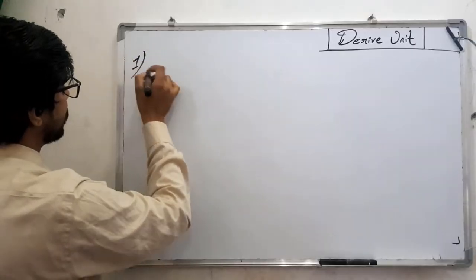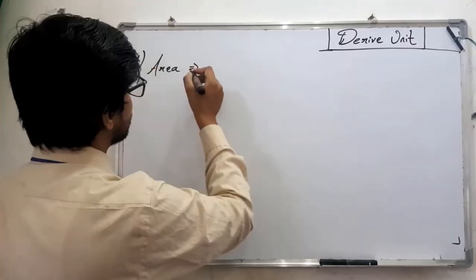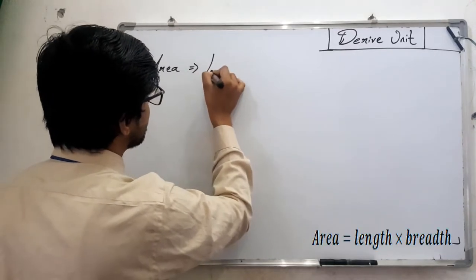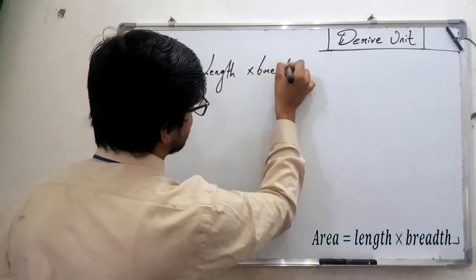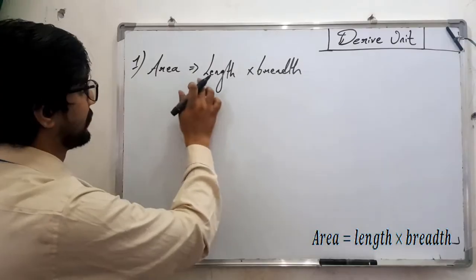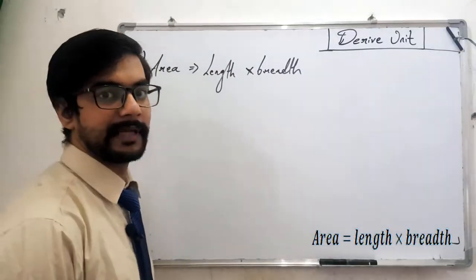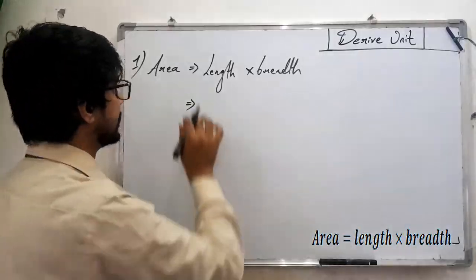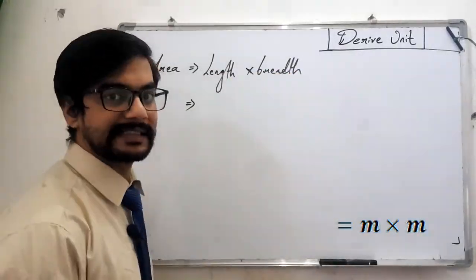Let's start with the easier one, that is area, that we use here for the derivation. See now, the formula of area is length times breadth. Keep the habit of expressing the formula in the long form. Don't write the short form L and B, just write the complete words. Length and breadth are both in fundamental terms.